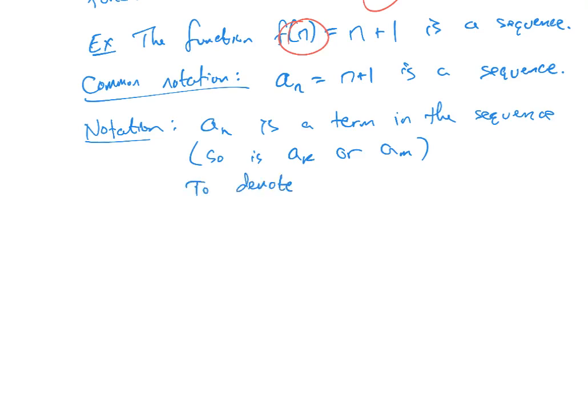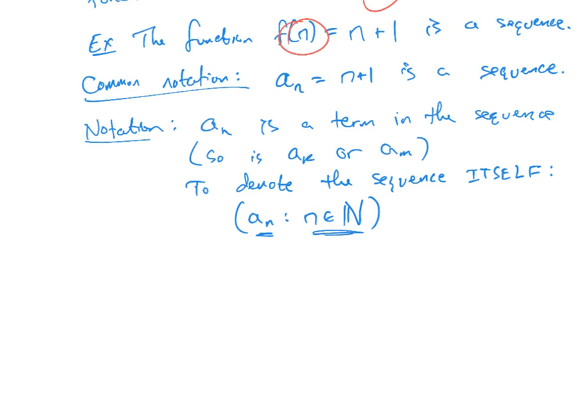there are lots of possibilities. We could use that notation with parentheses, and then we're listing a general term, and we're telling what indices we range over.